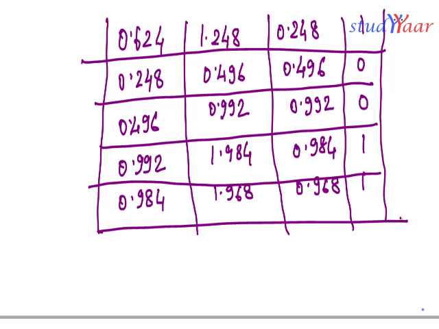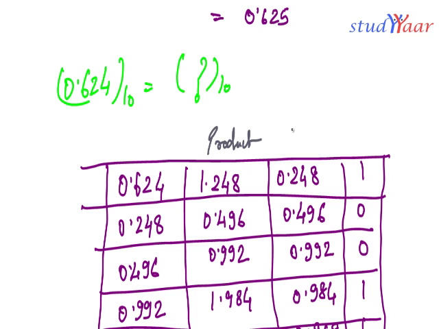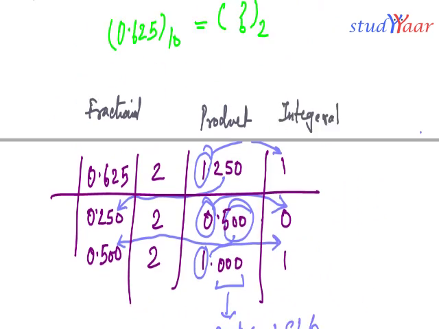So this is my table, and what I have over here is: this is the product, this is the fractional part, this is the integral part.